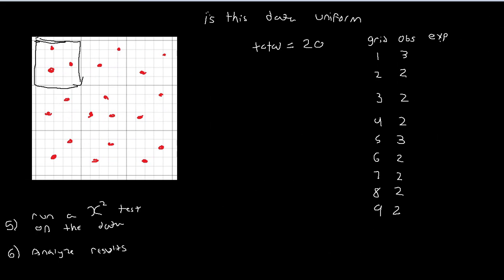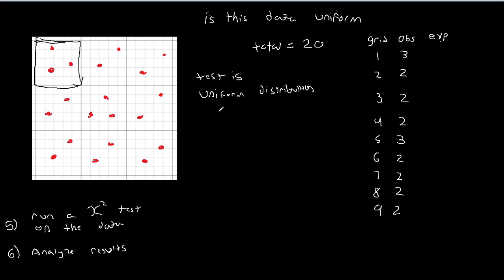Well, for this test in particular, we're trying to test, is the data uniform? So what a uniform distribution would look like would be the same number of points in each grid. So in this case, our test is uniform distribution.